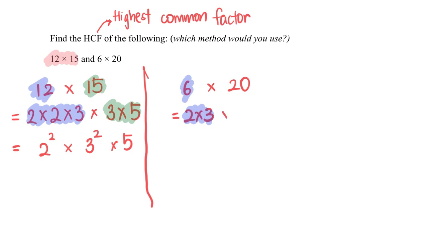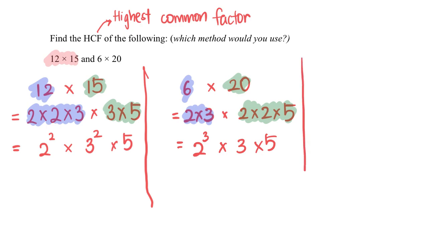And for 20, I'll have 2 times 2 times 5. That'll be for 20, or the prime factors of 20. So that I can rewrite this as 2 power 3, there's 3 of them, times 3 and times 5.